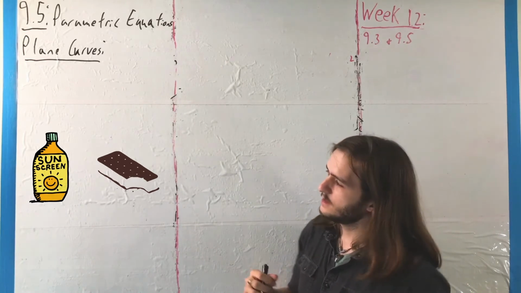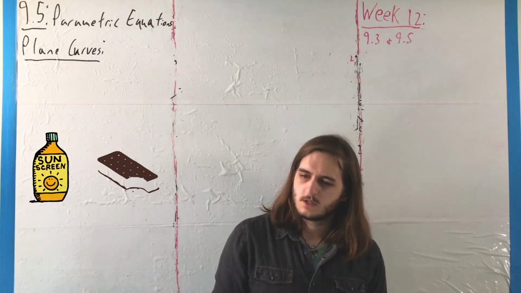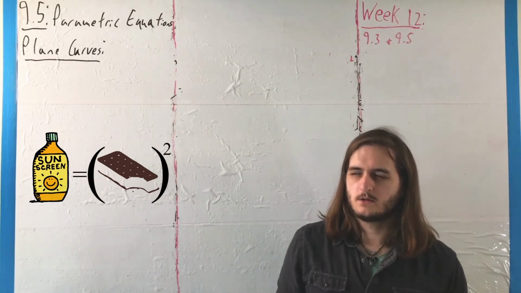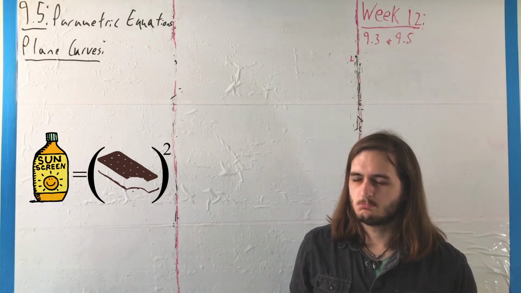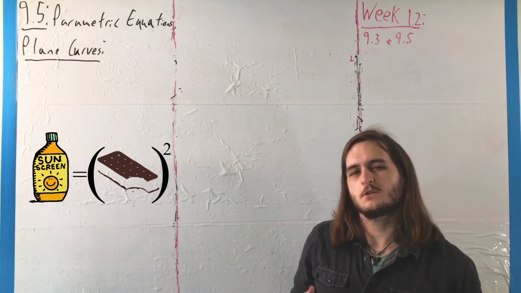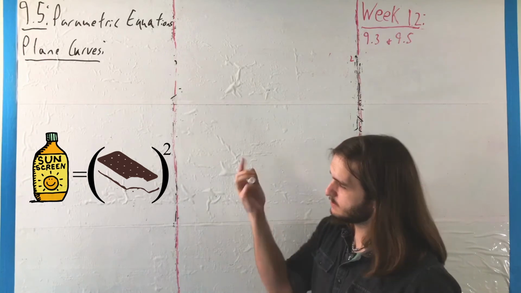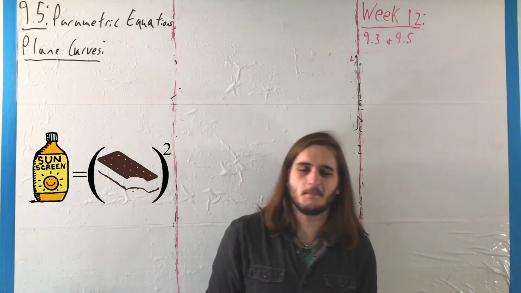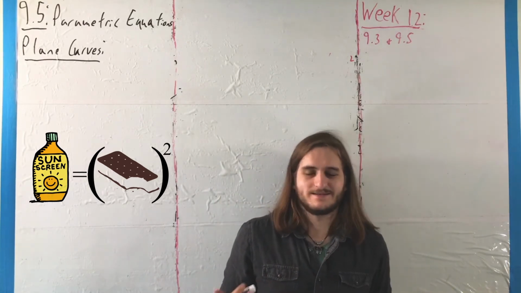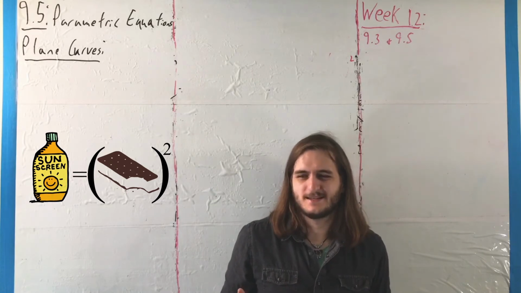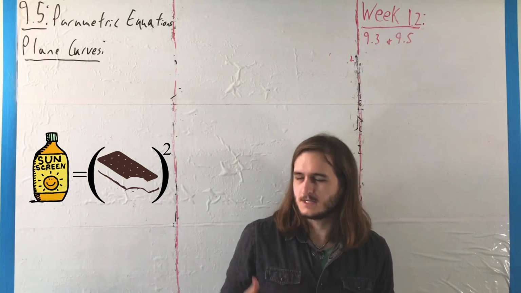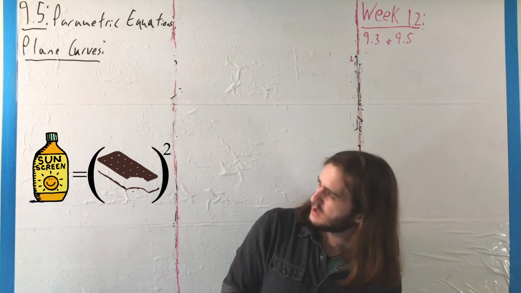That somehow sunscreen equals ice cream squared? Well, that's certainly a fun equation, probably more fun than a lot of what you're used to seeing from math, but it's not the most meaningful relationship, is it? Besides being kind of a ridiculous notation to look at.